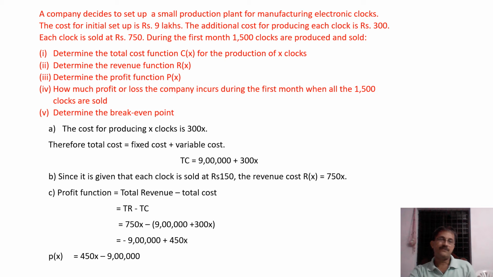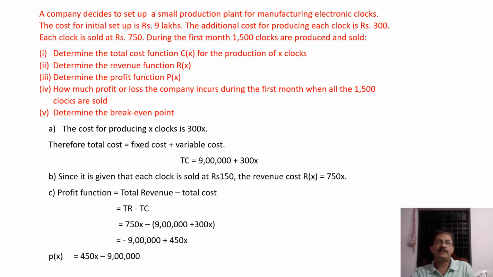The cost for producing X clocks is 300 into X. Rate of each clock is 300. So producing all X clocks, the cost is 300X. Therefore total cost is equal to, we know, fixed cost plus variable cost. What is fixed cost?